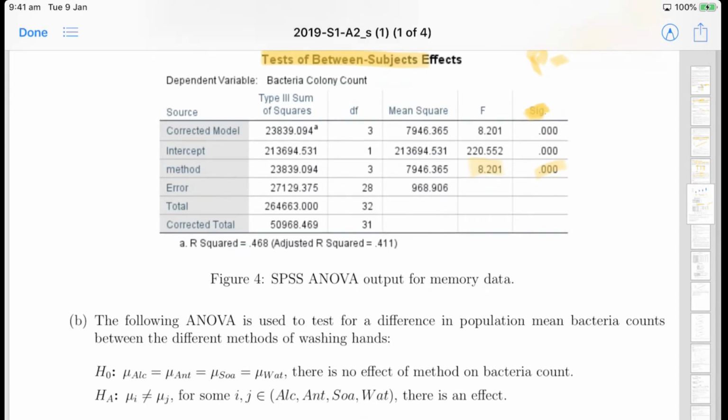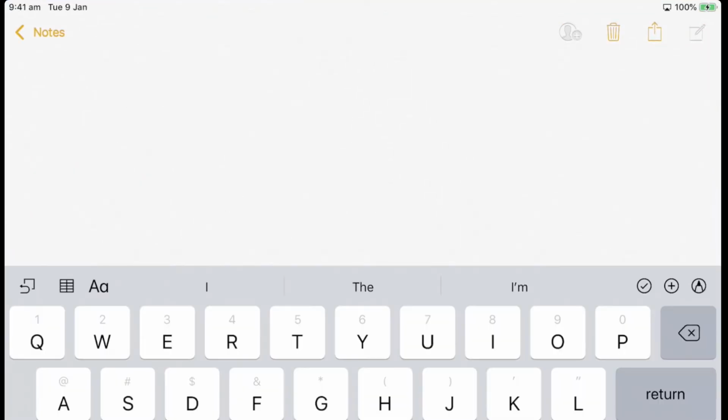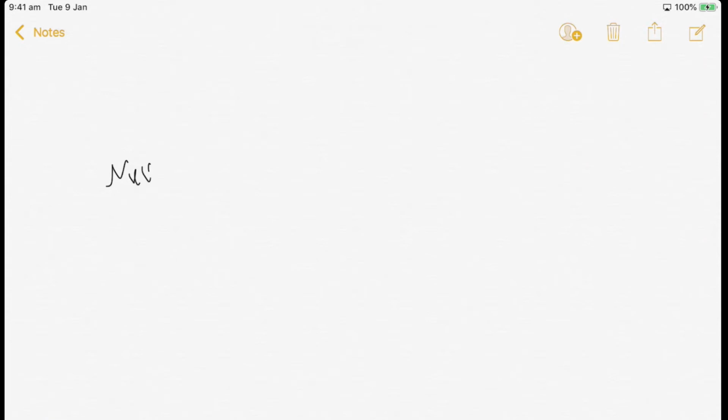What is the null distribution? The null distribution for ANOVA is F with k minus 1 and n minus k degrees of freedom. This is important to report, okay? We want you to report both of them.